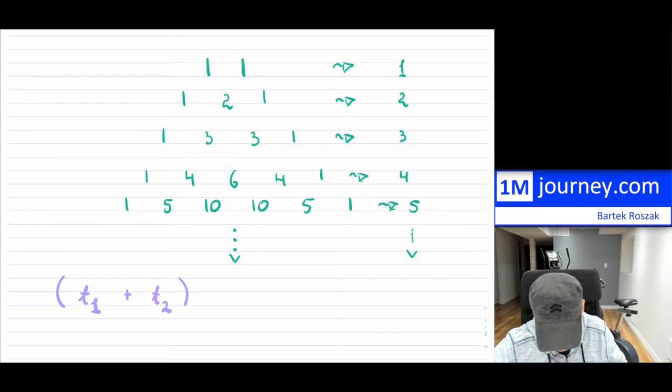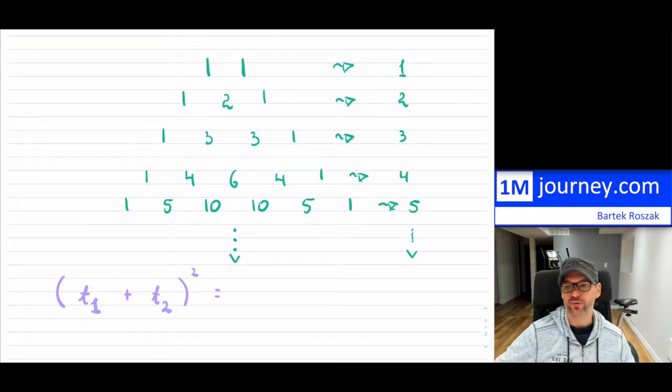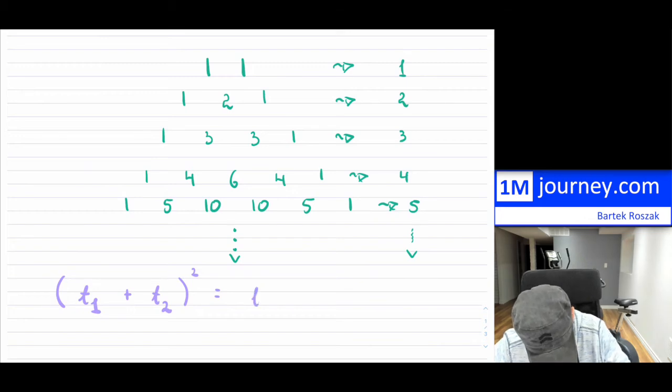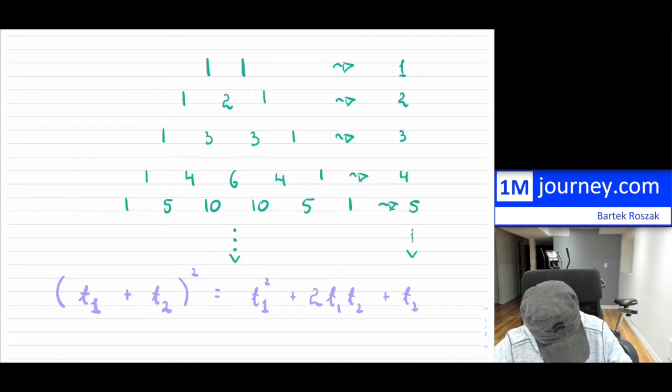And now if I want to deal with expansion, let's say I square this, then I know what to do, right? We can certainly expand that. You probably ran into that in possibly grade 9 even, and definitely in grade 10. So here, this is going to be term 1 squared plus 2 times term 1 multiplied by term 2 plus term 2 squared, right?